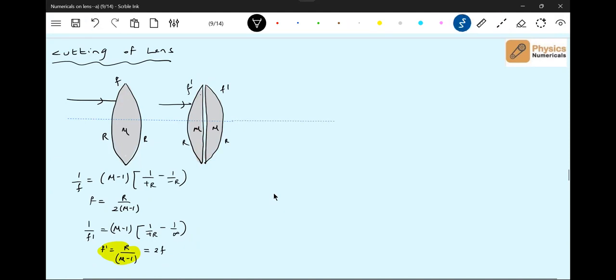So sir, if I cut it not into two equal parts, we'll see what will happen. It is not cut into two equal parts.